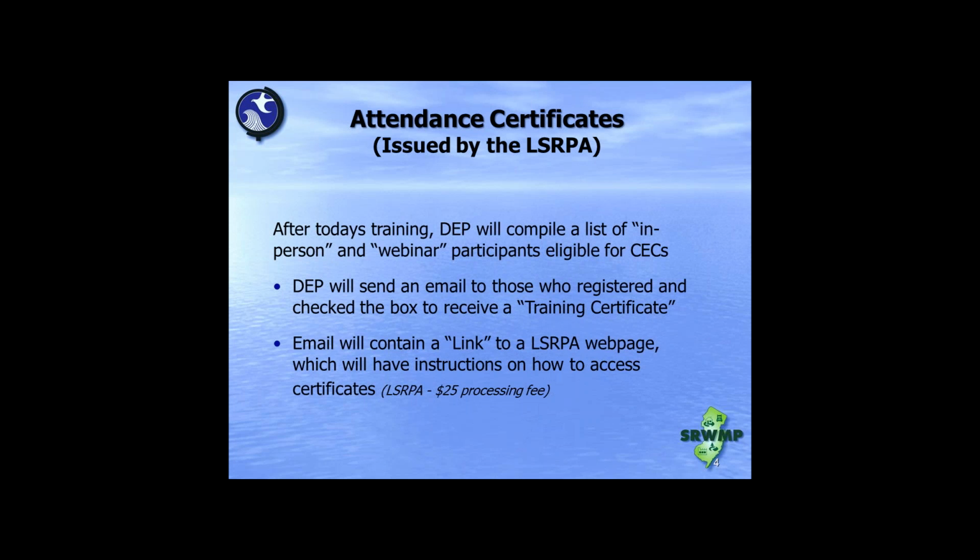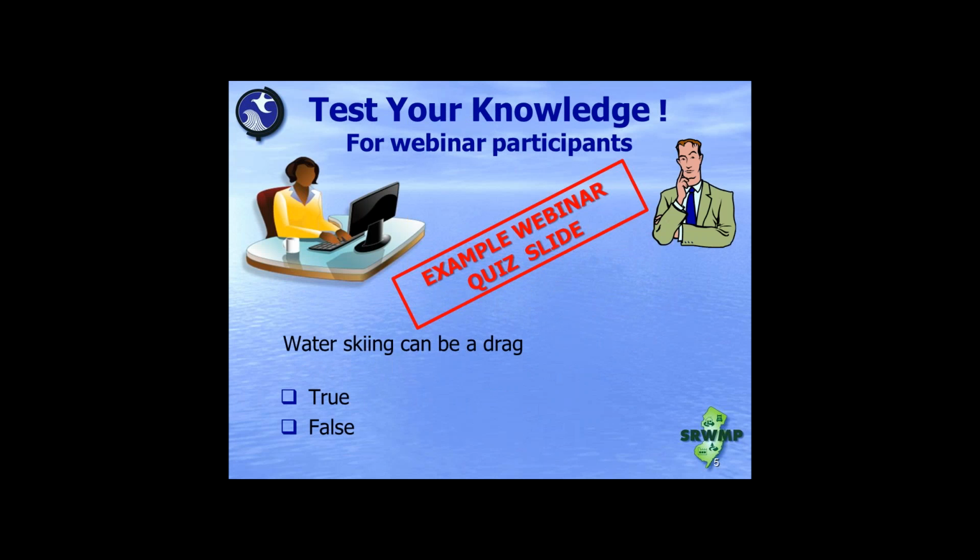The LSRPA provides a service in which they not only register people for this particular course, but they also help issue the CEC certificates. They charge a $25 processing fee for that, but what you would do would be given a link to the LSRPA webpage, and then it's up to you to go to that link to pay the fee, and then they will issue a certificate.